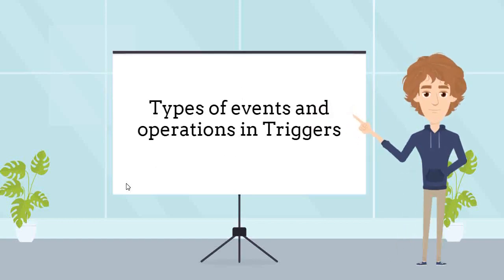And the next is from triggers only. He can ask you what a trigger is. You answer the definition. Then the next question will be on types, then the different types of operations and events. Like two types of trigger: before and after. Under before, three: insert, update, delete. Under after, four operations or events: insert, update, delete, and undelete.